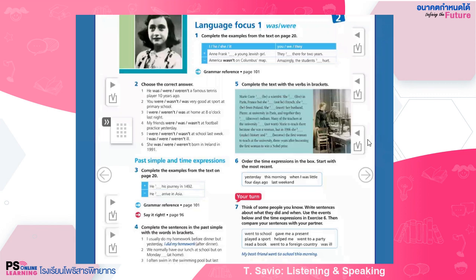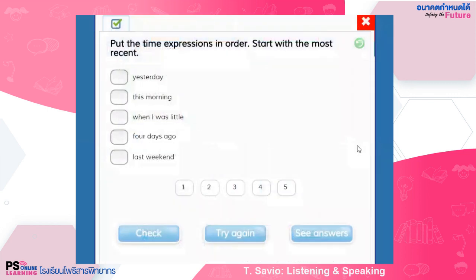Okay, students, let's go to the expressions for time. Put the time expressions in order. Start with the most recent. Yesterday, this morning, when I was little, 4 days ago, and last weekend. So, this morning, number 1, this would be the most recent, going back.